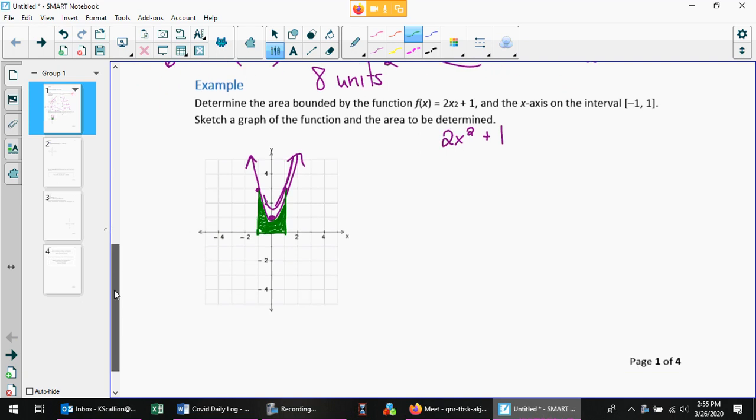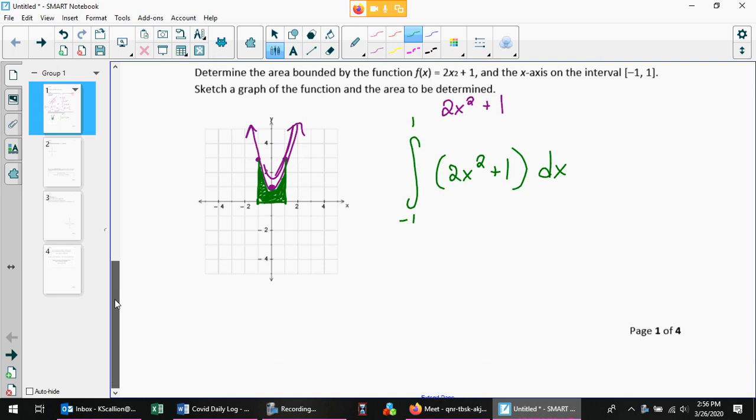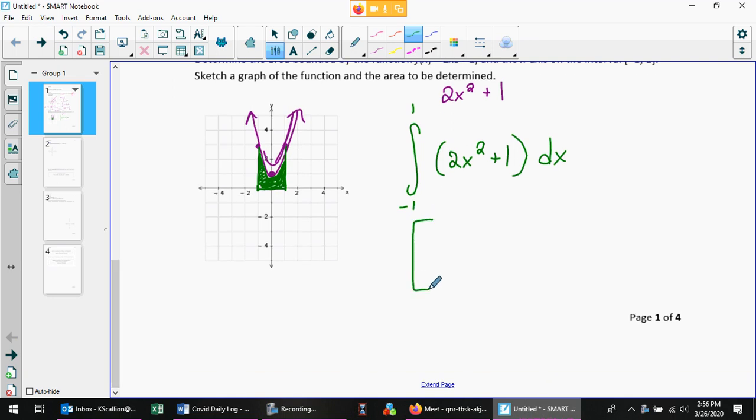So I would use the integral of 2x squared plus 1 with respect to x, dx, and my boundary is 1, -1. Okay, so first thing I'm going to do is find the antiderivative. So I'm going to have 2x cubed over 3 plus x, bounded by 1 and -1. So then we're going to just evaluate.